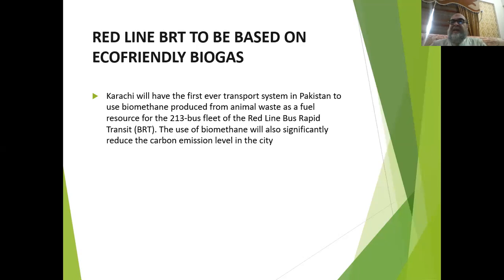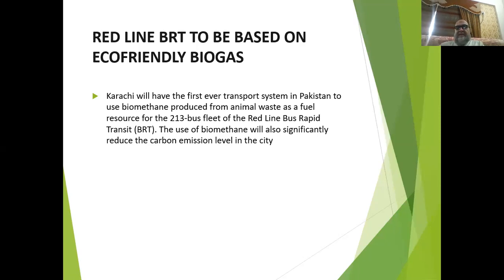Unfortunately, this project, which kicked off in early 2020, was stalled last year. The tenders were floated and people were hired, but because of COVID, the foreigners had less interest, so it could not be started.